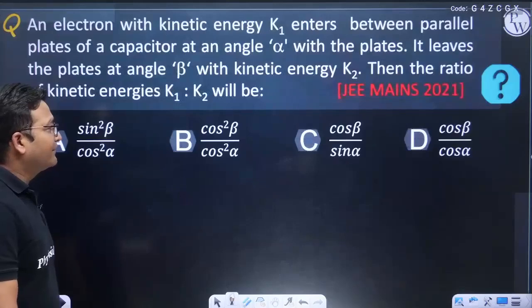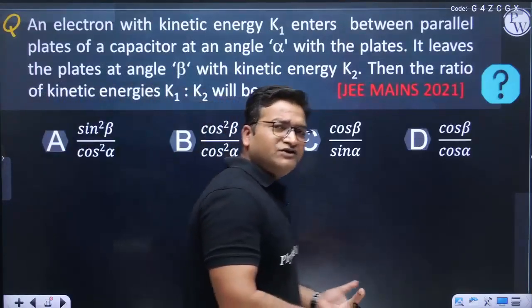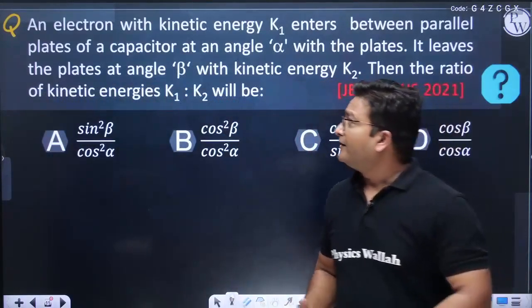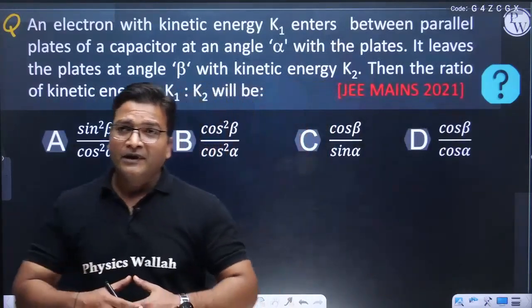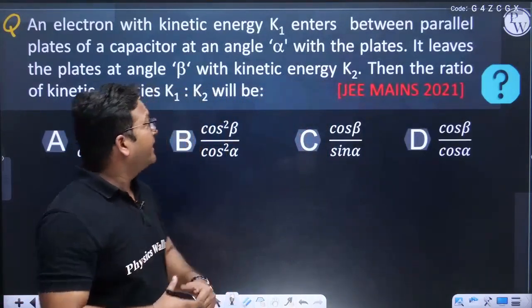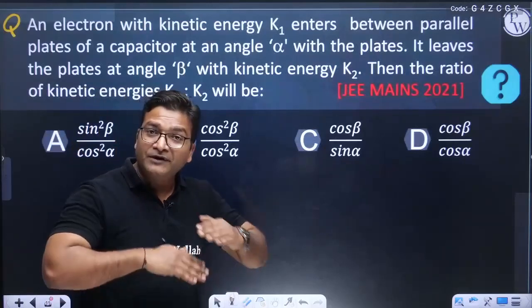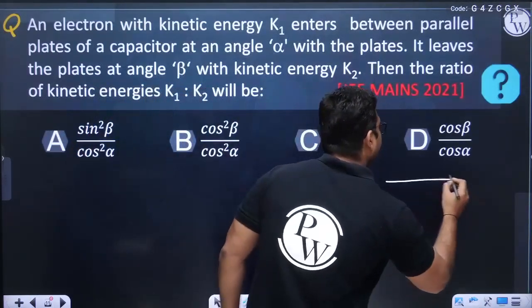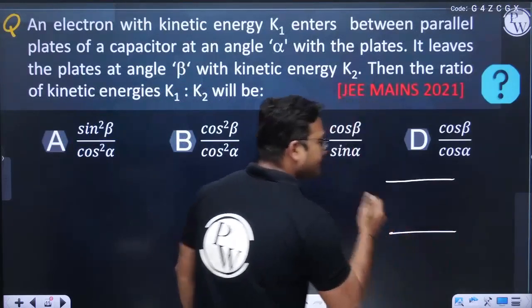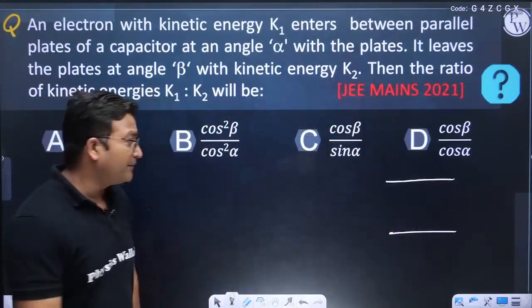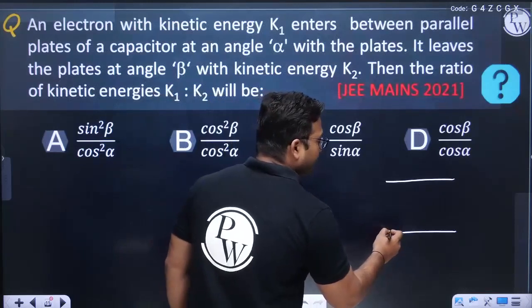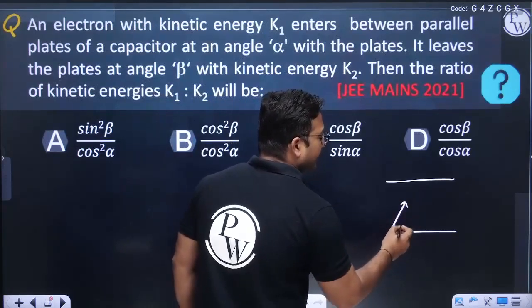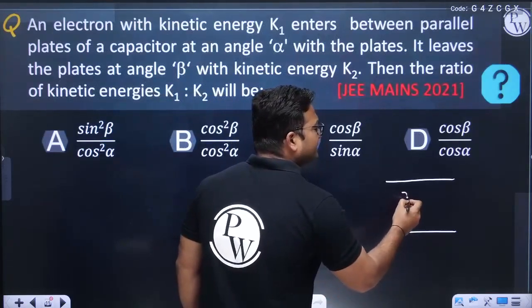Next question. This is a very general and very common question. Here they say an electron with kinetic energy K1 enters a parallel plate capacitor at an angle alpha with the plates. So if you take this as the plates of the parallel plate capacitor, an electron enters here like this at an angle alpha, and let's say the speed is V1.